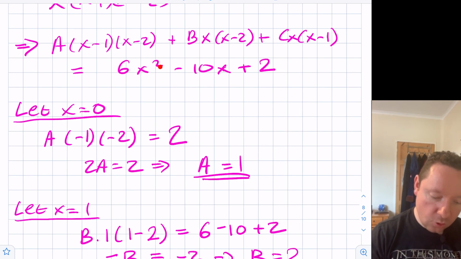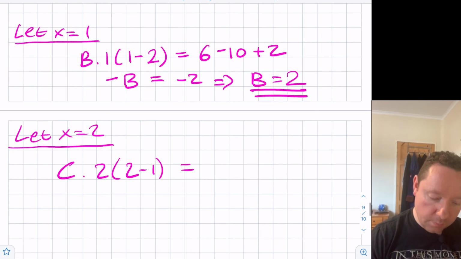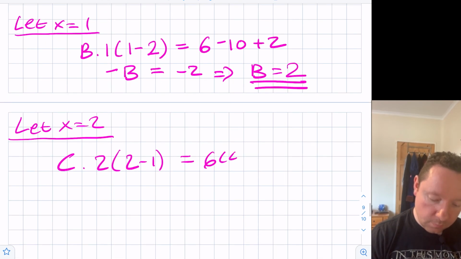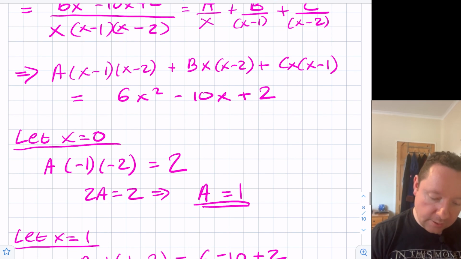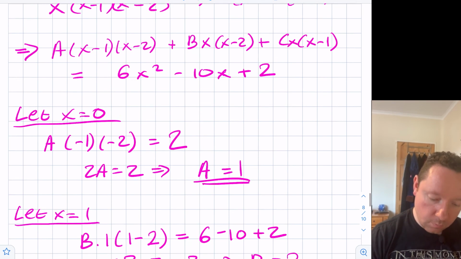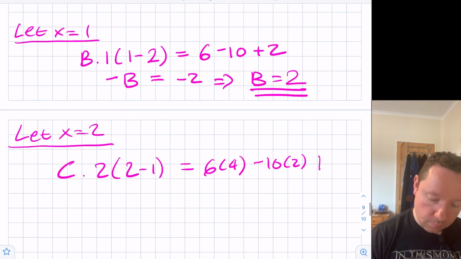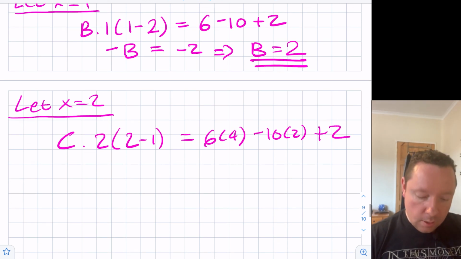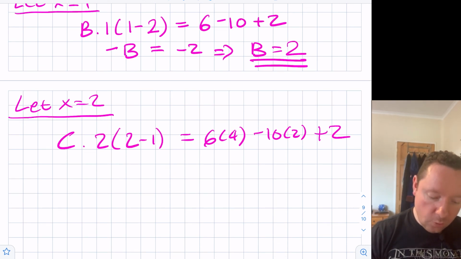6 times 2 squared is 6 times 4. Minus 10 times 2. Plus an extra 2. So the left hand side, we've got 2 minus 1 is 1, so that's just 2c.